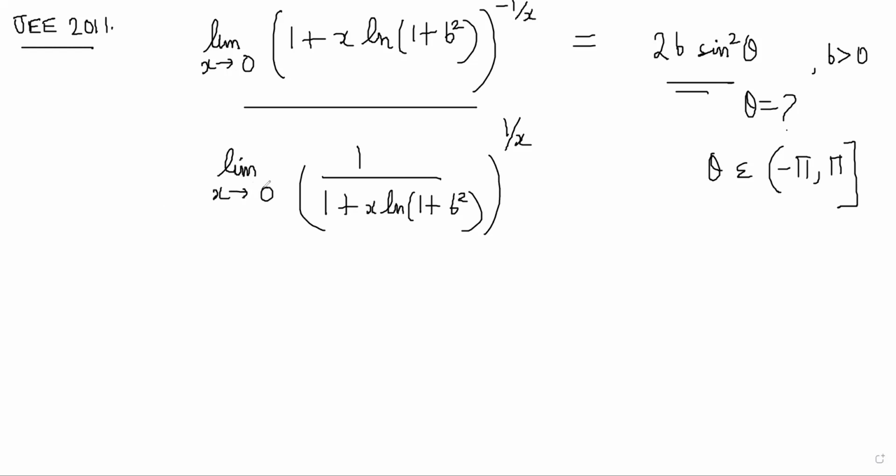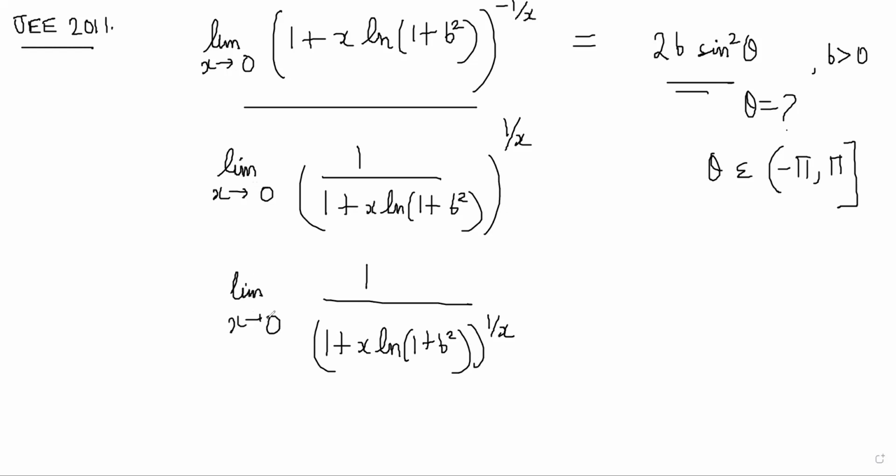Why did I do that? Because I will have a plus infinity power there. I don't want a minus infinity power because I don't know how that minus infinity will behave. So I will just write this as 1 by (1 plus x ln(1 plus b square)) to the power 1 by x. That is the same thing, no? Yes. So now I just need to figure out the value of this limit, right? Correct.